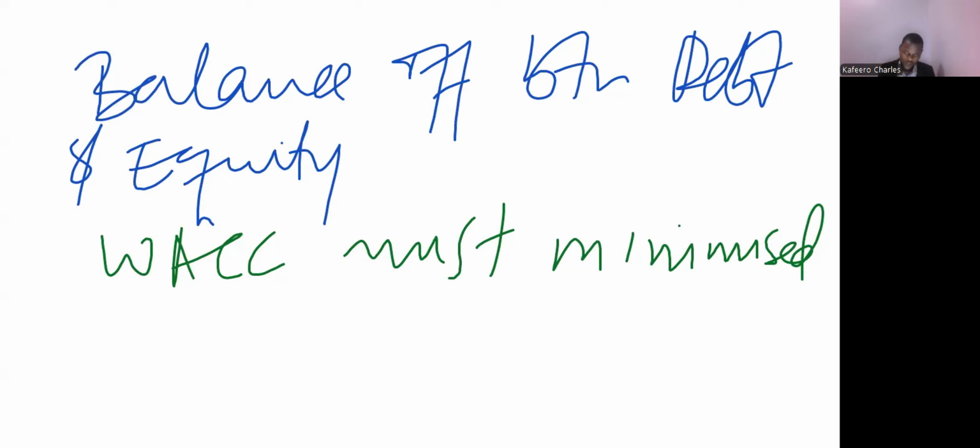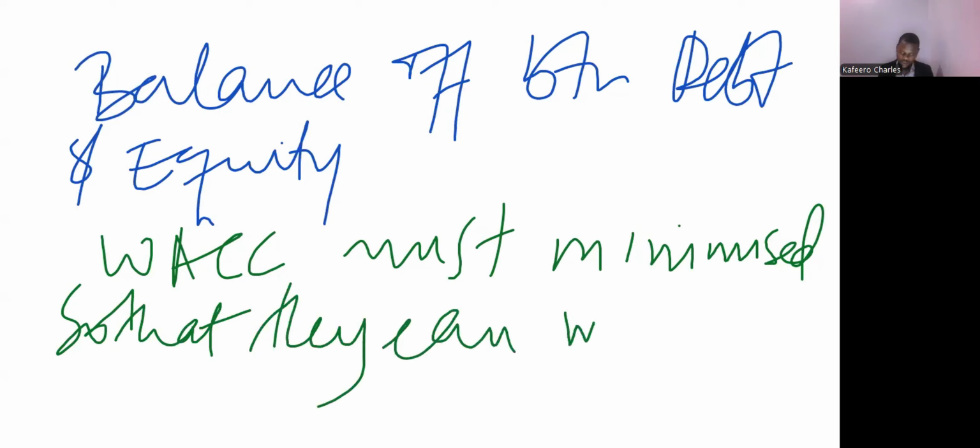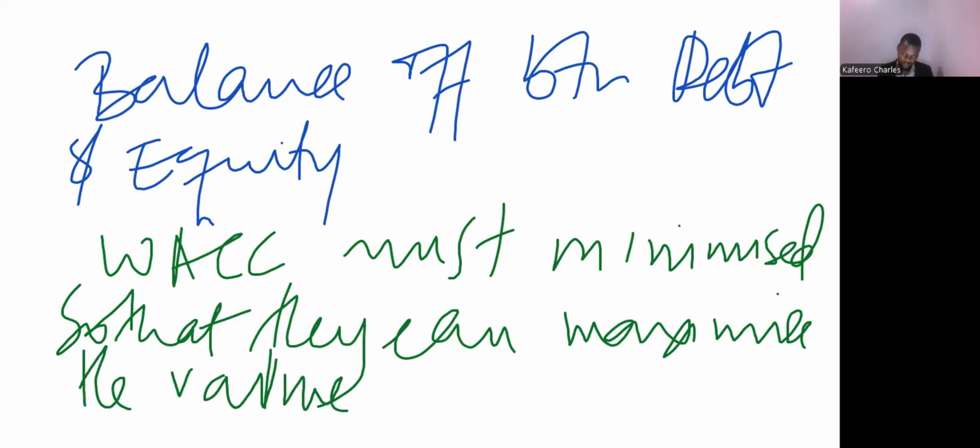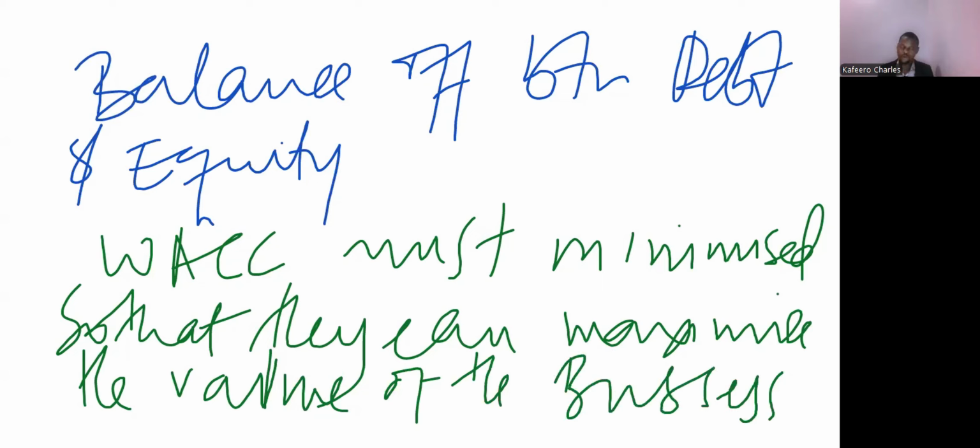So WACC must be minimized so that they can maximize the value of the business. And for you to minimize WACC, you must reduce debt. You must regulate your debt.